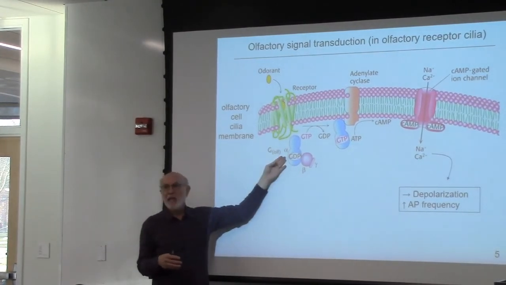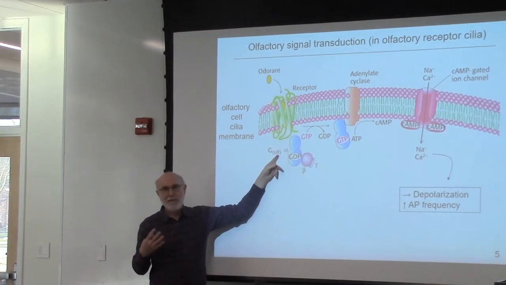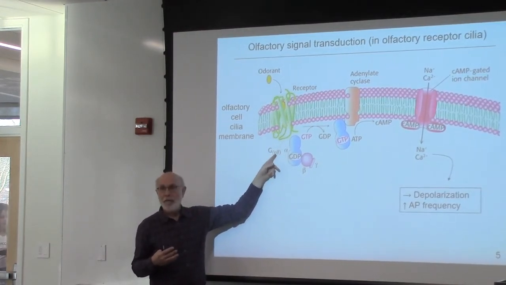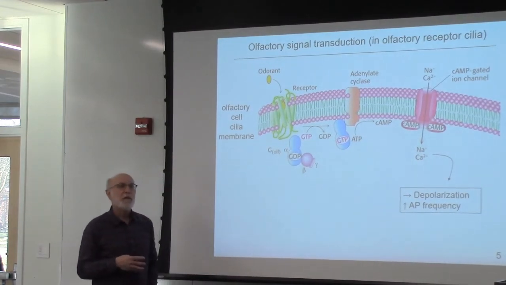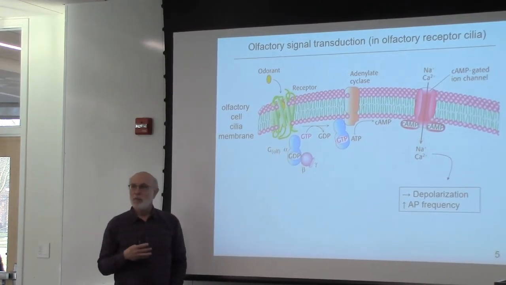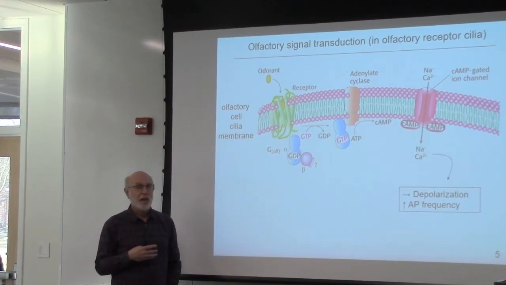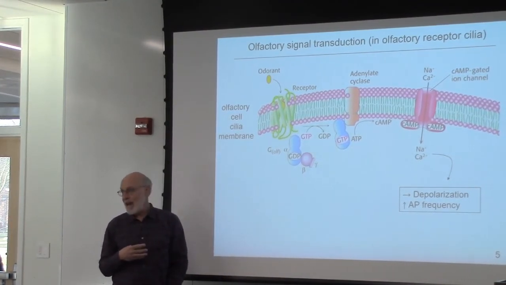The G protein in the olfactory system is called G-olf, not golf. But you might think, wow, G-olf must be very similar to one of the G proteins that you are very familiar with. Which one is it? Gs.